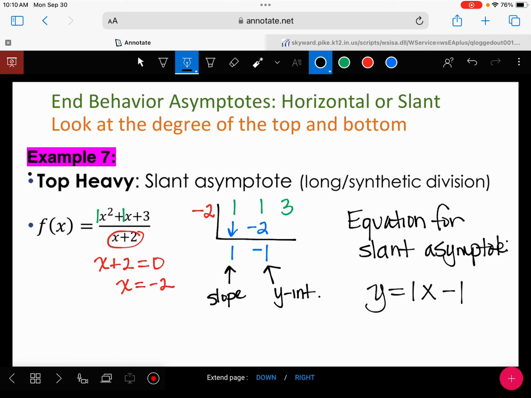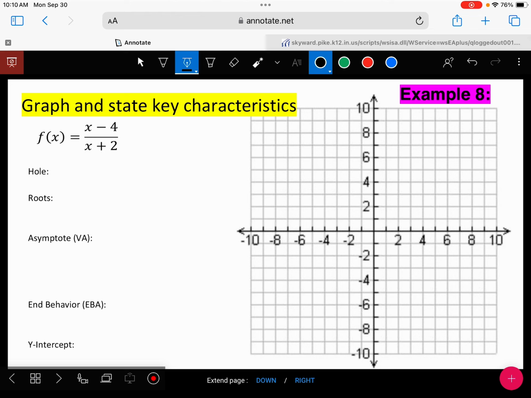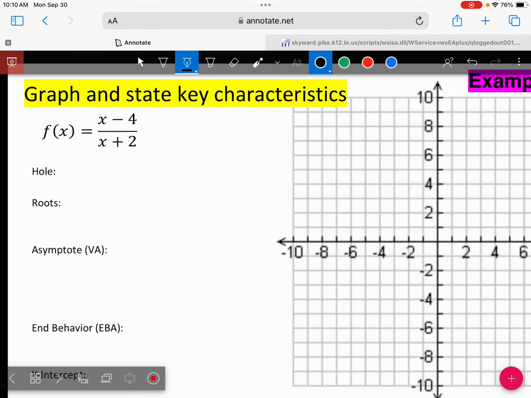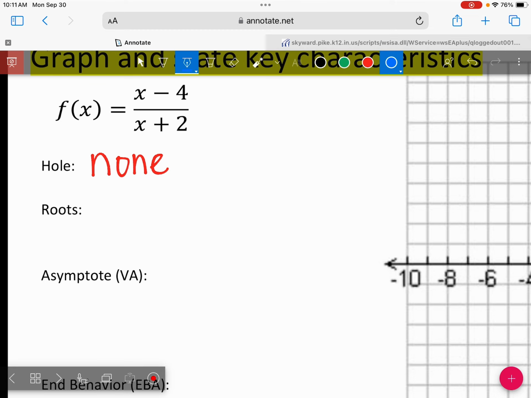Okay, so we'll end with example 8. Let's look at this first one here, and we're going to graph it. So, do we have a removable discontinuity? No. We only can have a removable discontinuity if we have an x squared over an x squared, and we don't have that in this example, so it's no. Roots come from the numerator.